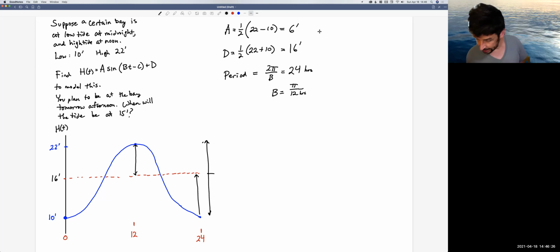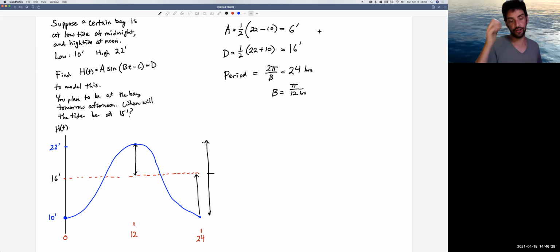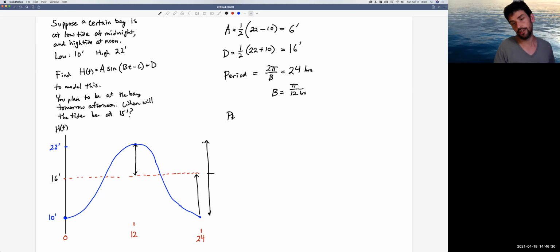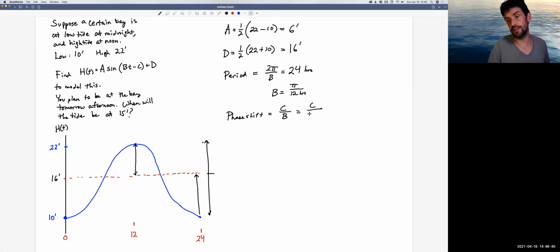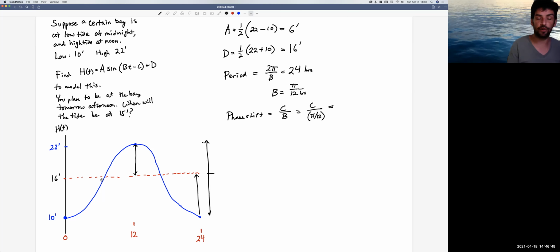Okay, finally, we have our phase shift. The phase shift is equal to C over B. We already know what B is, so that's C over pi over 12. And then this is equal to, so now I'm going to look at my graph for the phase shift.